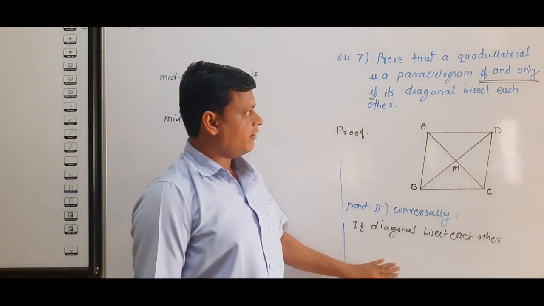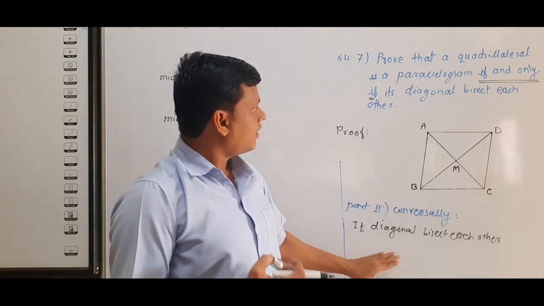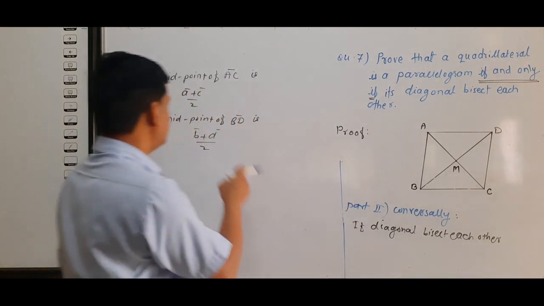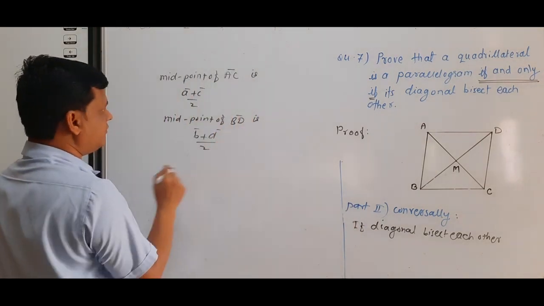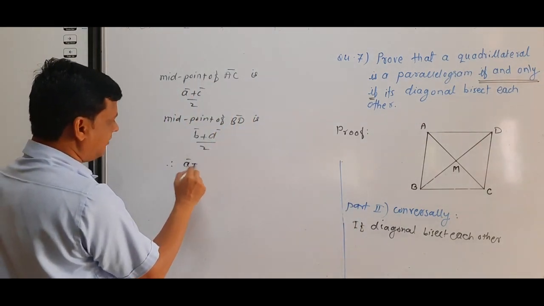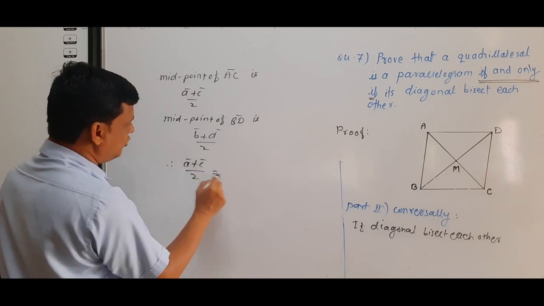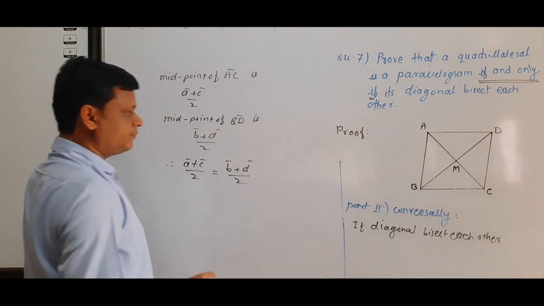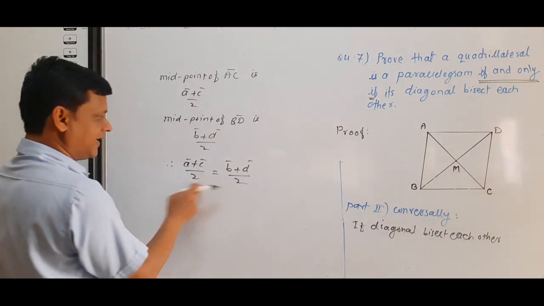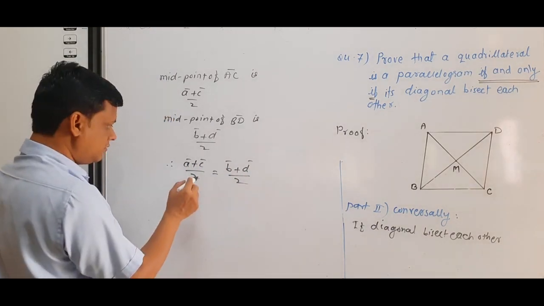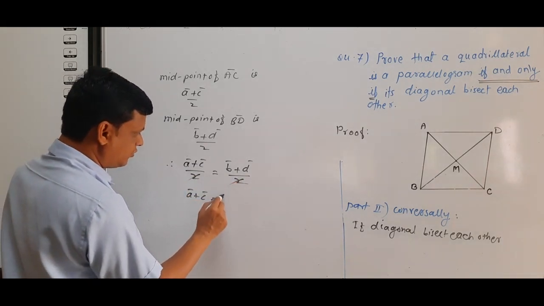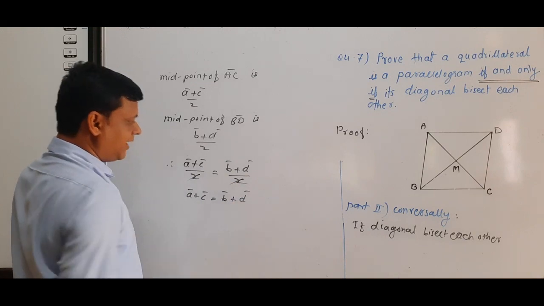Now in the given part, we are considering that the diagonals bisect each other. So this midpoint must be the same. So we write A bar plus C bar upon 2 equals B bar plus D bar upon 2. Cancelling this 2, we get A bar plus C bar equals B bar plus D bar.